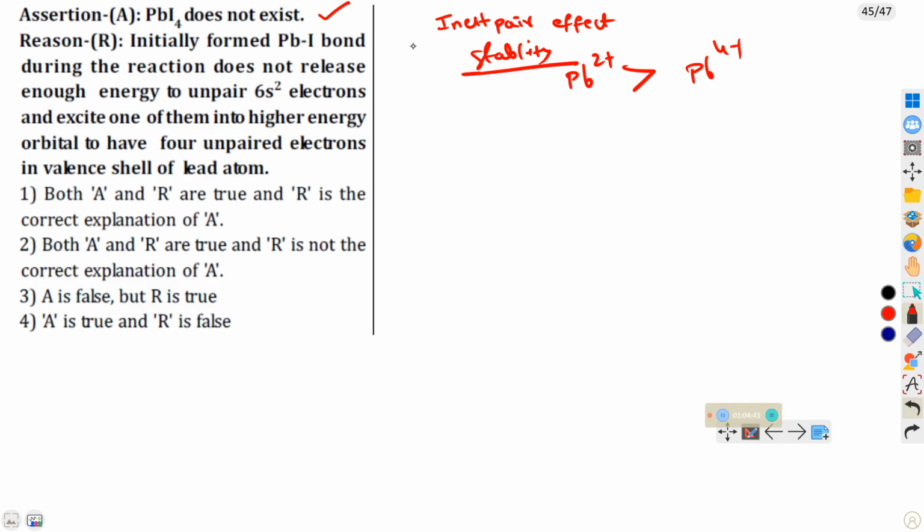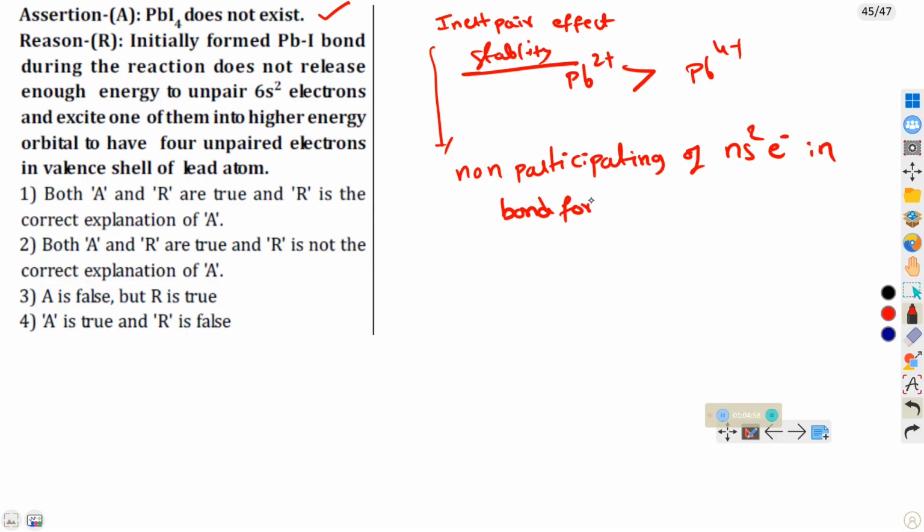What is the inert pair effect? Non-participation of ns2 electrons in bond formation. Yes, A is true, R is true, R is the correct explanation of A.